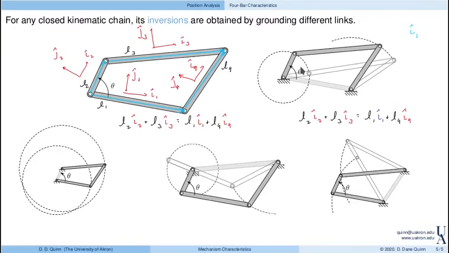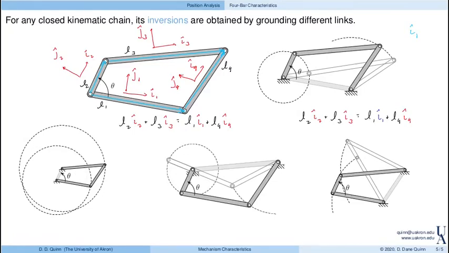So again, as theta makes complete rotations in this case, this point traces out this path, and this point traces out along this dashed line. I've shown one limit position in this configuration where links 2 and 3 are parallel, and that's, in this case, actually the minimum angle for link 4.